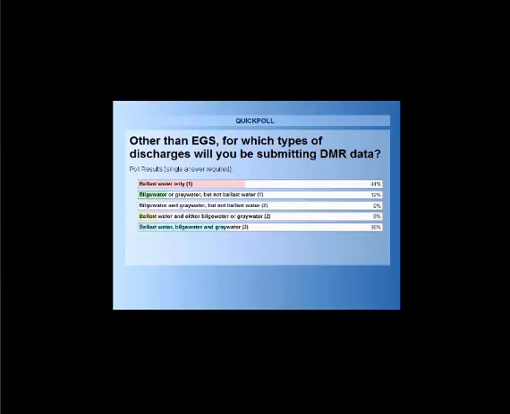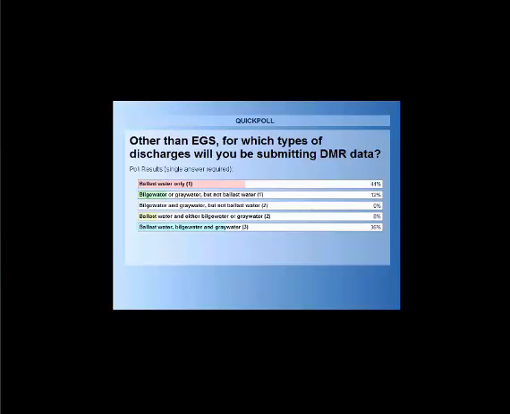Next we had 36% was all three, ballast, bilge, and gray water. After that we had 12% with bilge or gray water, but not ballast water. And then we had 8% say ballast water and either bilge water or gray water. And none of you said bilge water and gray water, but not ballast water. Okay. Great.